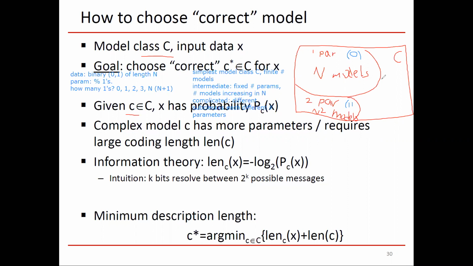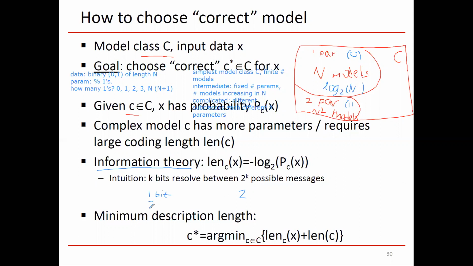After that, if I'm in the first class with one parameter, to choose among n models, I need something like log base 2 of n bits. And the reason is, information theory tells us that if we have one bit, we can resolve between two possible messages.